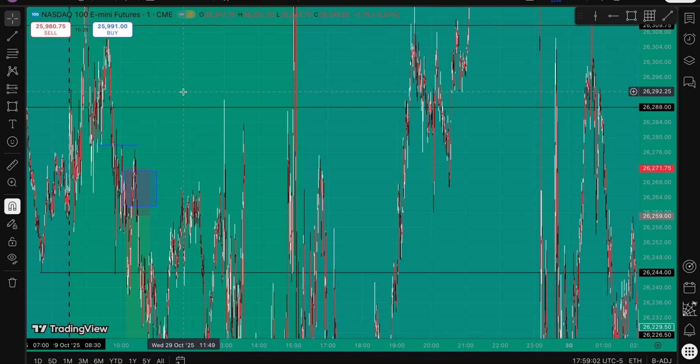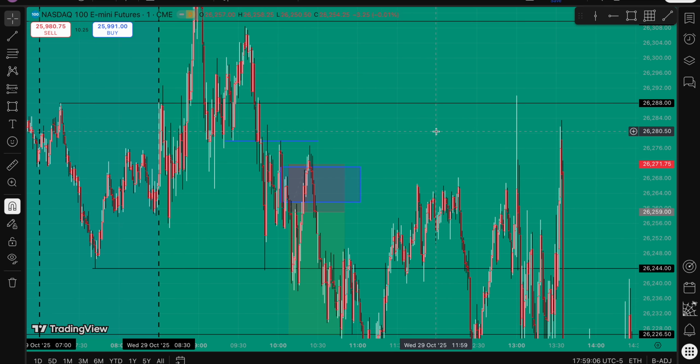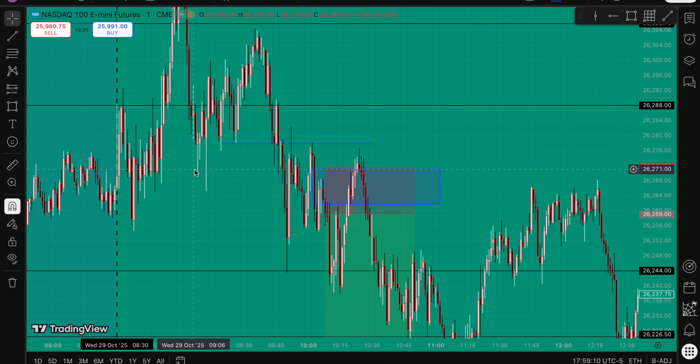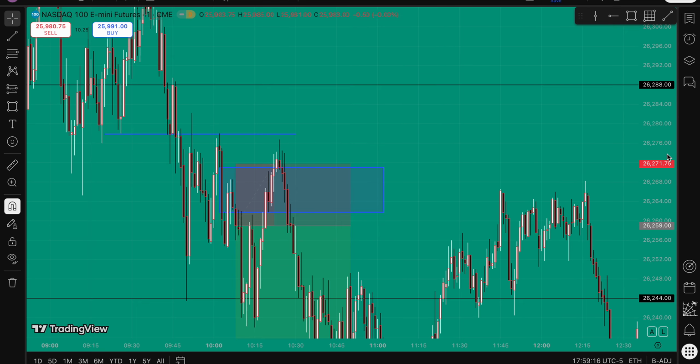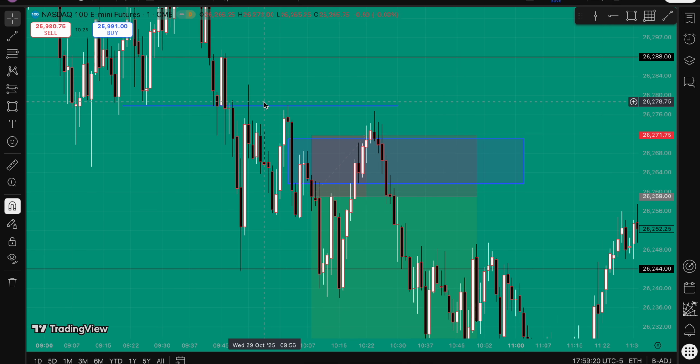Alright, so we got that 5-minute break of structure to the downside. So from here, I was looking for some kind of 1-minute continuation or 1-minute retracement rather before we come back down. So I was like, okay, perfect. We came up here, boom, we had a little inverse fair value gap right here.